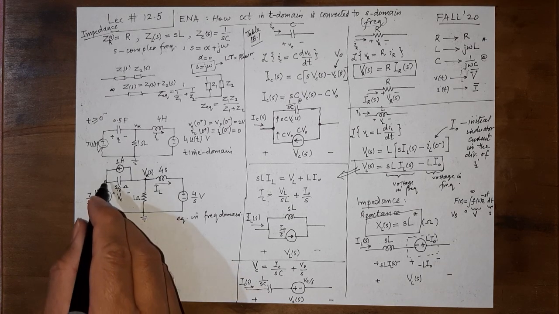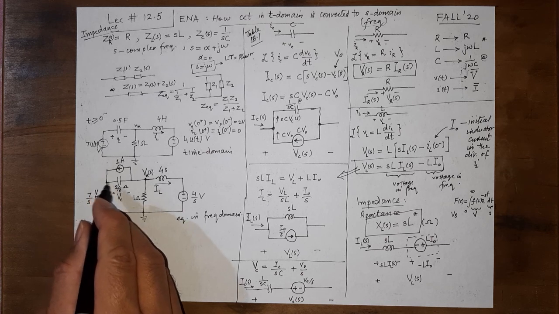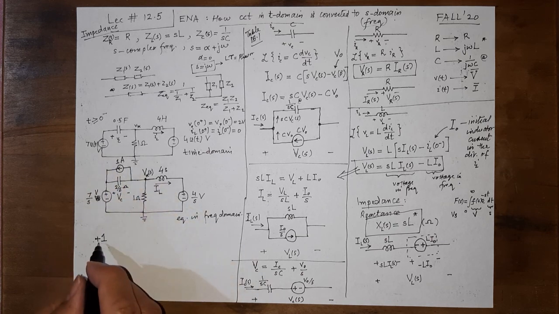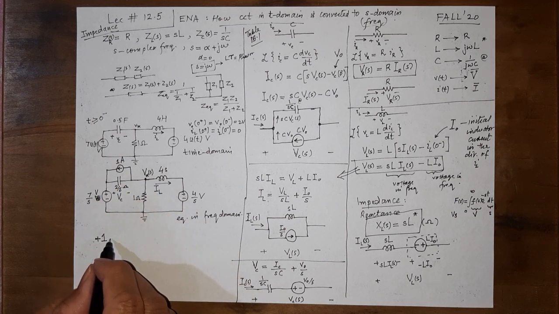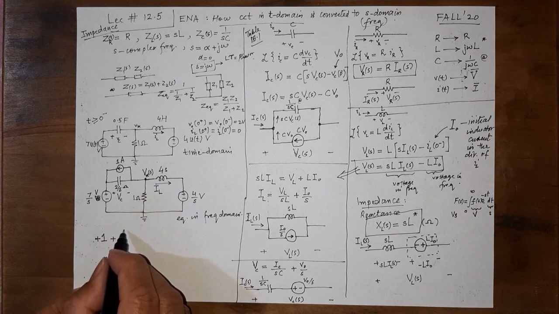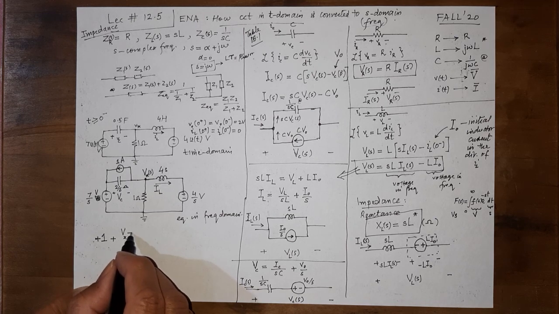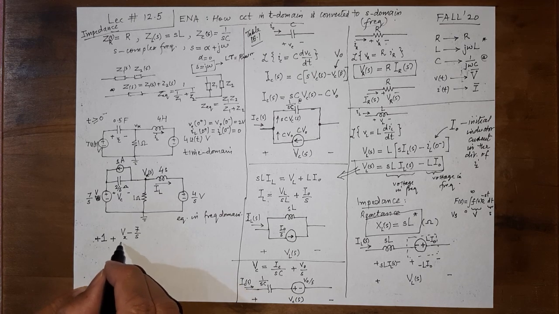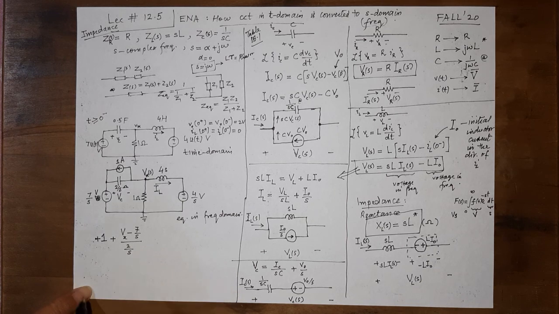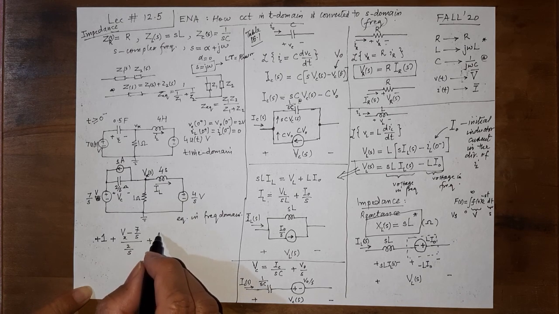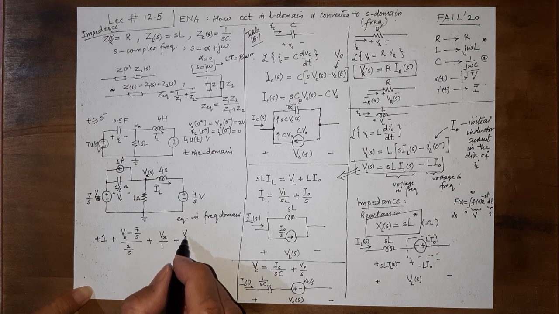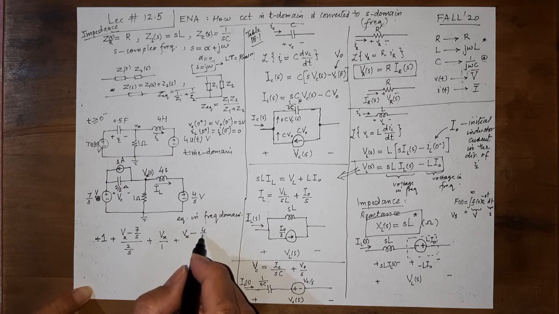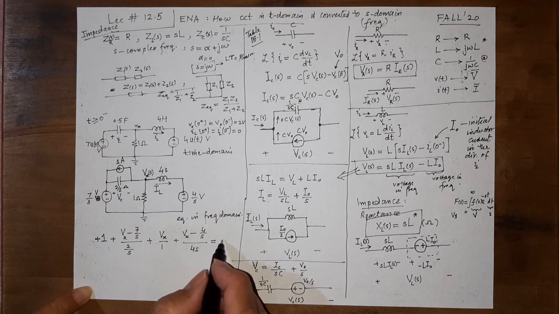If this is 0 volts, this is 7 by S volts, or this is directly known the current, and the current in this branch is plus Vx minus 7 by S over 2 by S plus Vx over 1 plus Vx minus 4 by S over 4S is equal to 0.